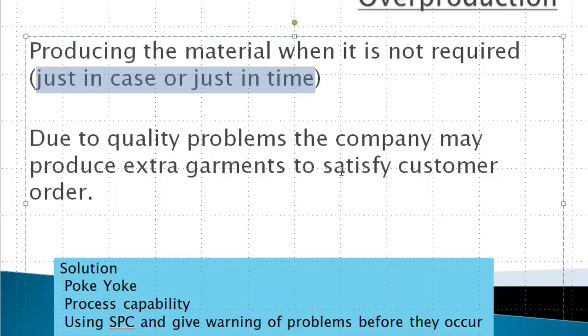What's happened in the past is because companies aren't efficient, they know they're only going to sell 100, but they're not confident in their systems and their capabilities. They'll produce 110, and they'll say, oh, just in case we make a mistake on one or two of them. The Japanese say you shouldn't be making mistakes.